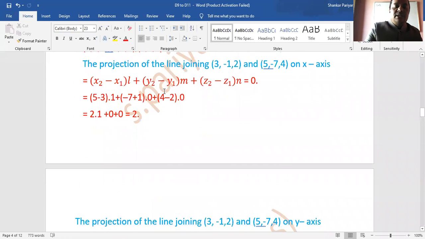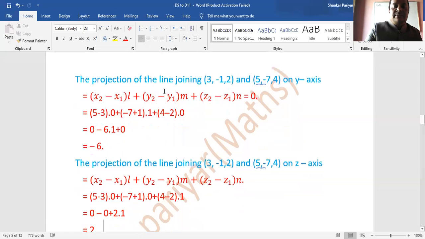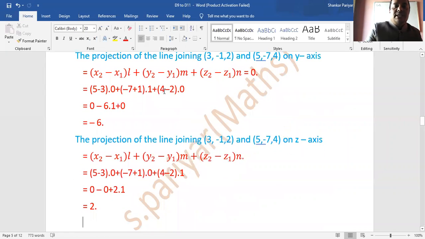Now let's find out the projection on the y-axis. So you have to find the projection of the line joining this and this on the y-axis. Let's see its formula.